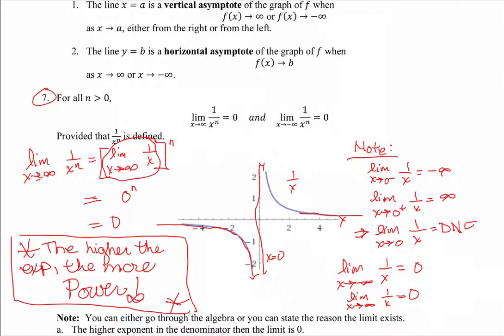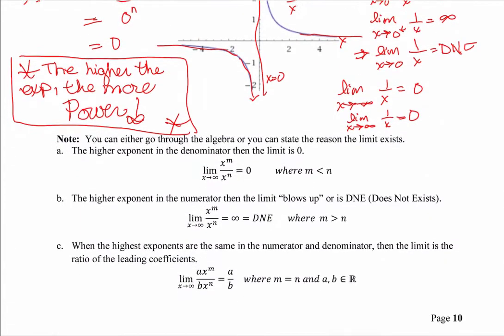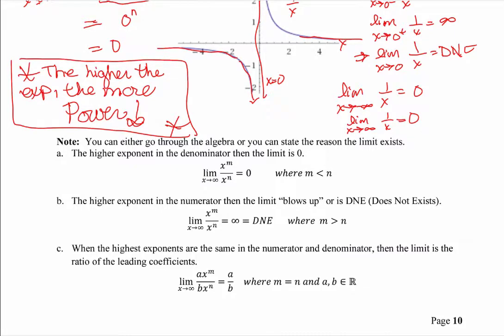So if my higher exponent is in the denominator, then I have more power in the bottom and it goes to 0. If my higher exponent is in the top, that means I have more power and it goes to infinity. If they have the same highest exponent, then it's the ratio of the coefficients.